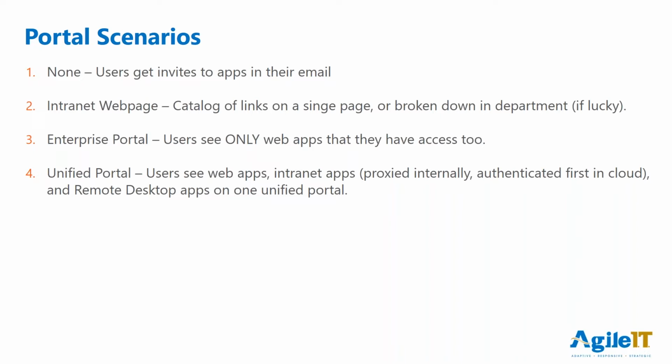In doing that, it can actually provide Kerberos authentication to that on-premise web application to provide true single sign-on. What we can also do is provide RemoteApp or remote desktop apps in that same portal as well.